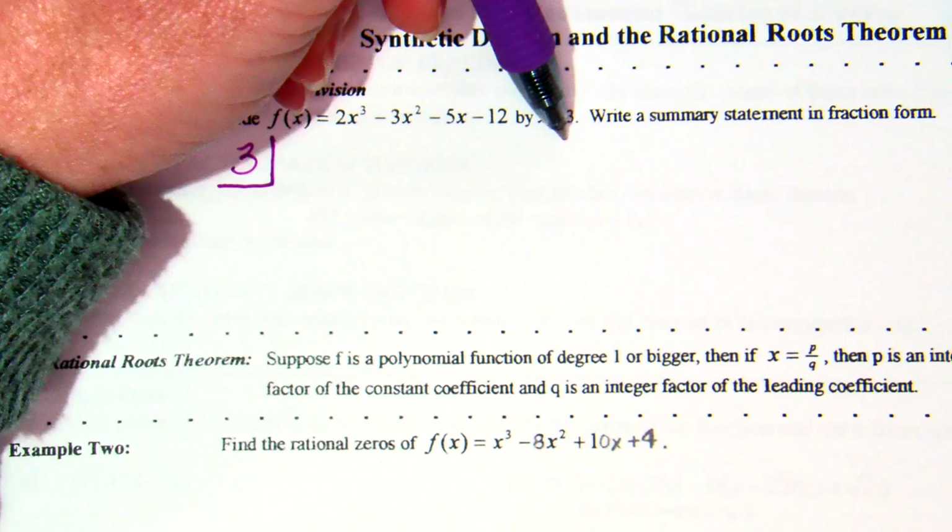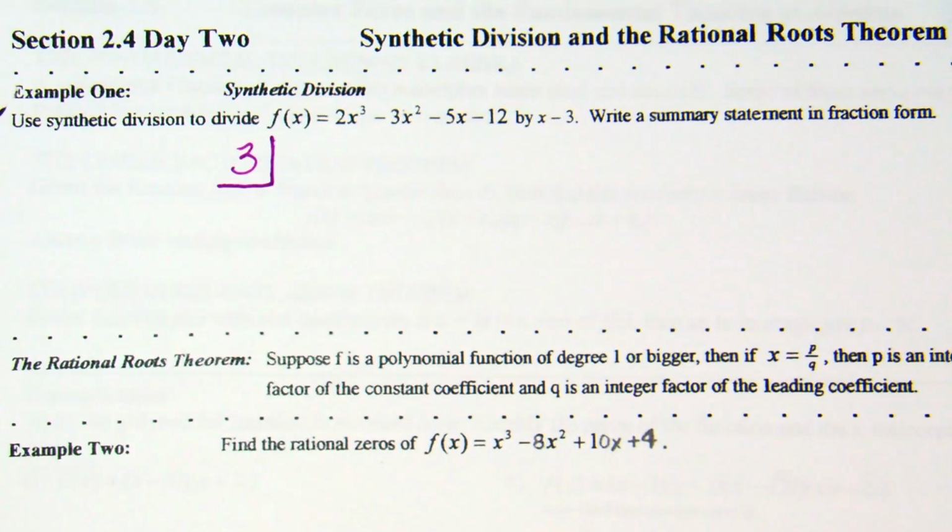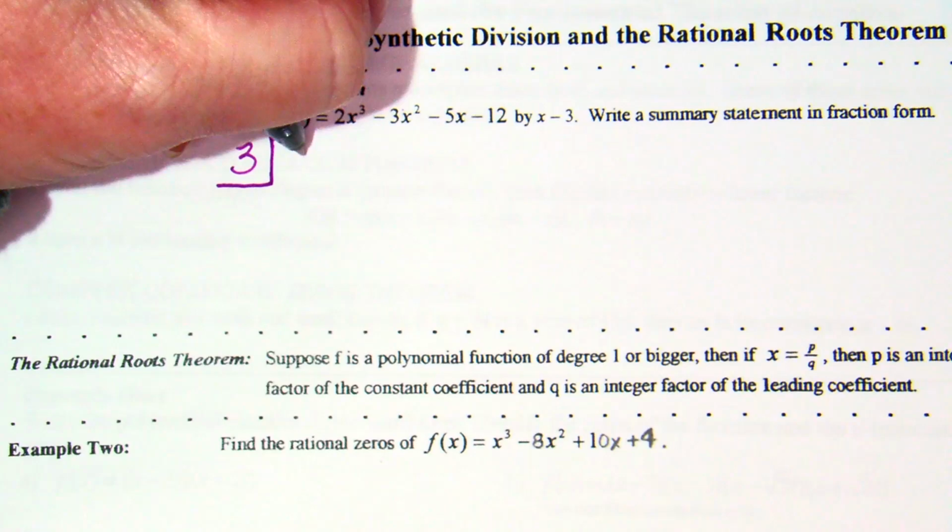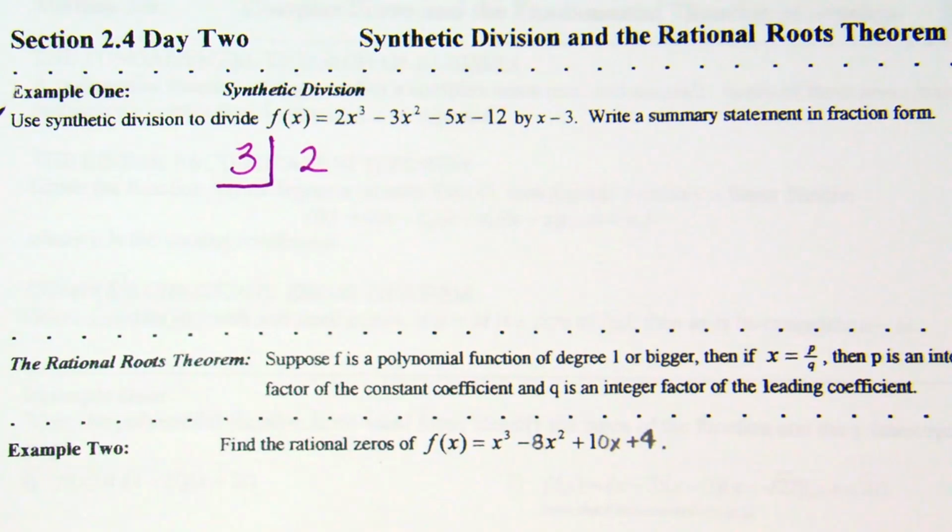Now remember we're going to write a row of numbers next to it. This row of numbers represents the coefficients in your polynomial here. The one thing to remember is that, just like in long division, every power is represented. Here, my first coefficient is 2 because it's 2x to the third. Then I need a coefficient for x squared, x, and the constant.